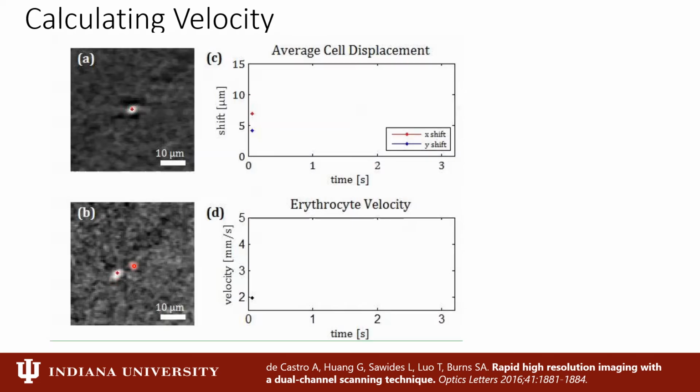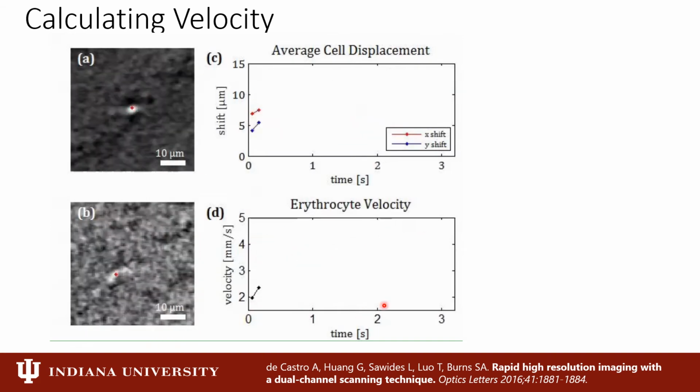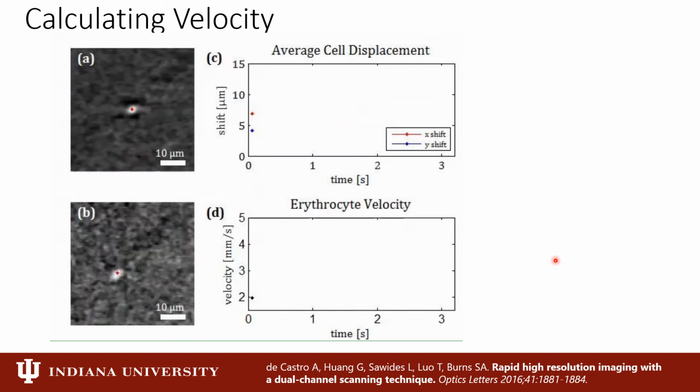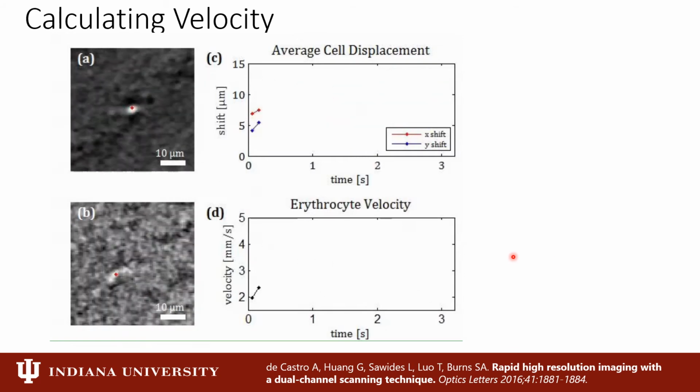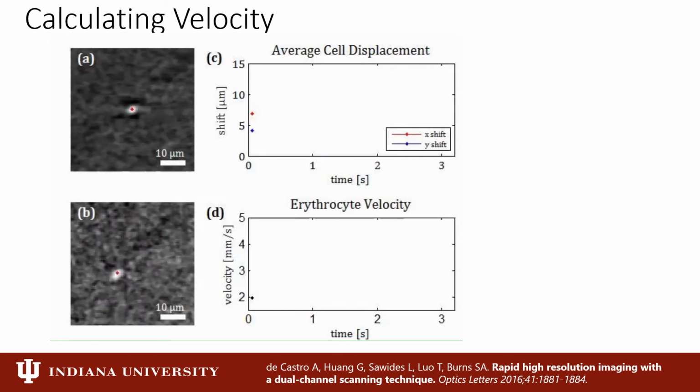And so if we measure that displacement over time, we can get an estimate of the velocity. How far those cells move tells us the velocity. And here you see a series of cardiac cycles in this particular individual, and we're reliably measuring the velocity.